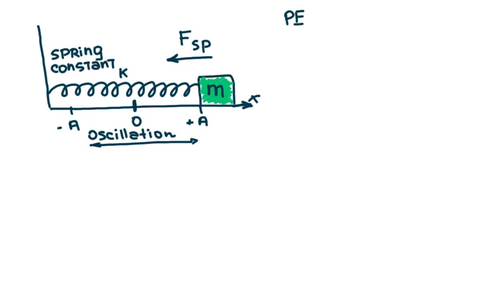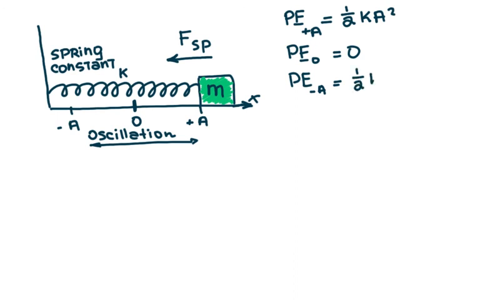So the potential energy of the spring at positive A is equal to 1/2 K A squared. The potential energy at 0 is equal to 0, and again the potential energy at negative A is equal to 1/2 K A squared.